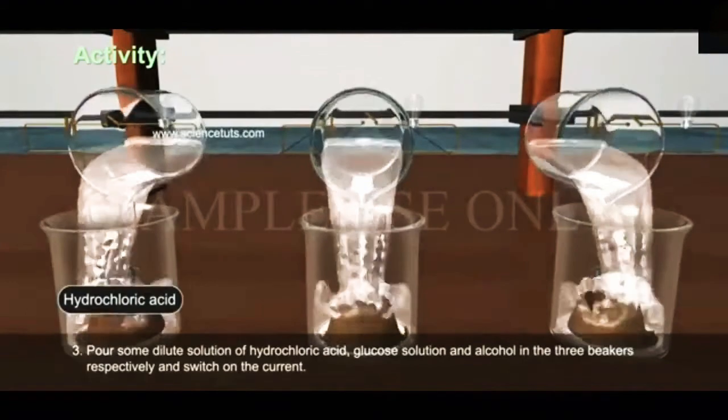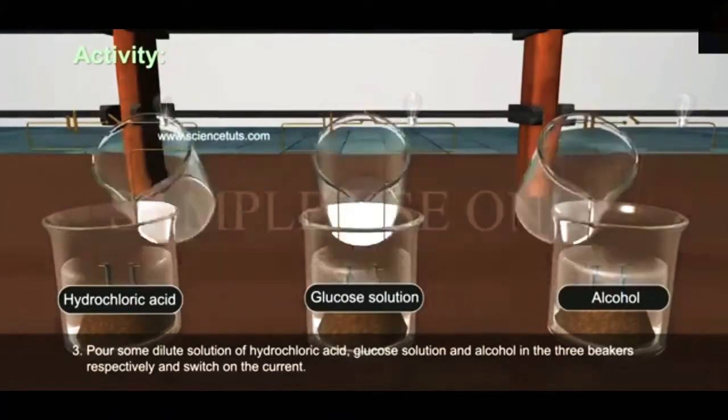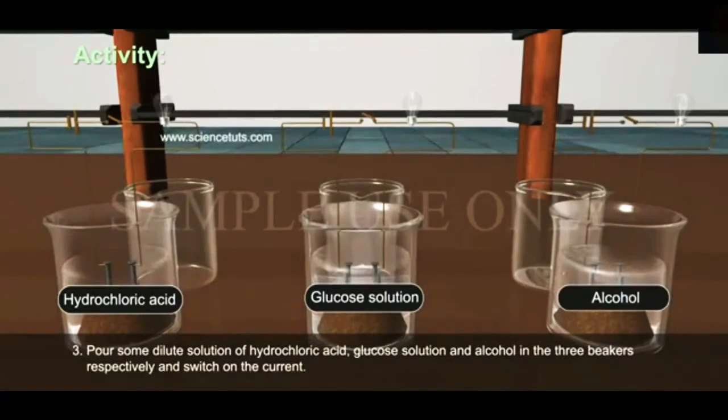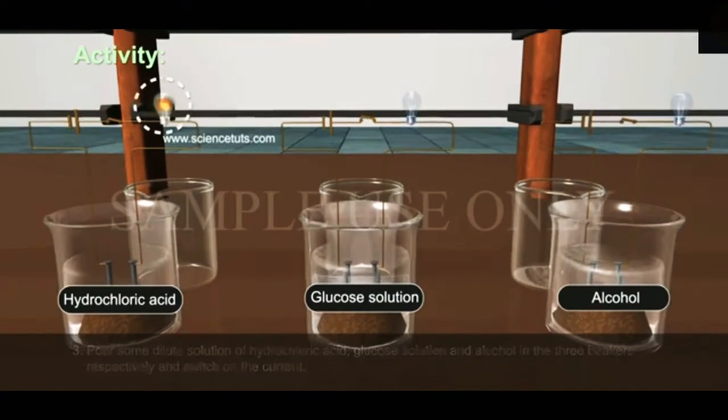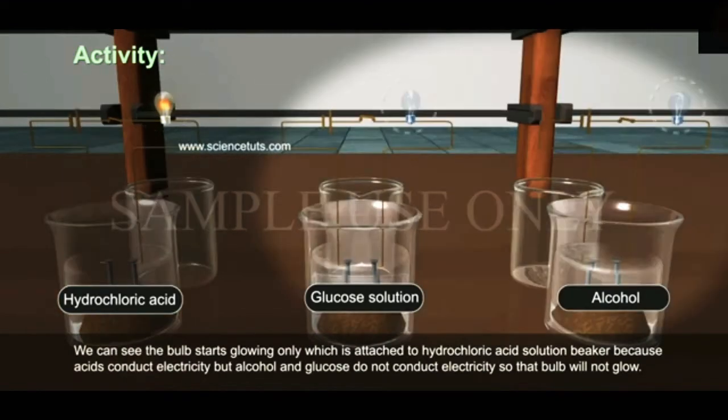Pour some dilute solution of hydrochloric acid, glucose solution and alcohol in the 3 beakers respectively and switch on the current. We can see the bulb glows only in the hydrochloric acid solution beaker, because acids conduct electricity, but alcohol and glucose do not conduct electricity, so that bulb will not glow.